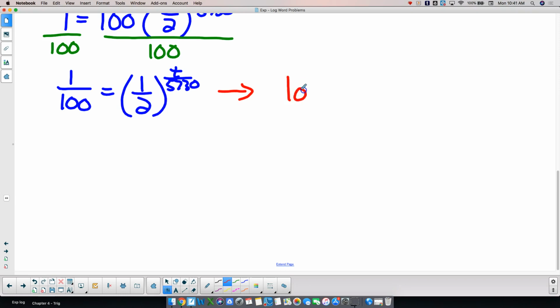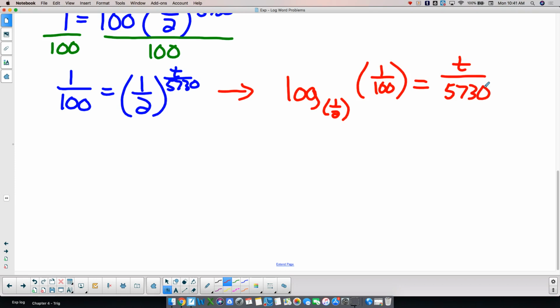Log base 1/2 of 1 over 100 is equal to T over 5730. So we could figure out what log base 1/2 of 1 over 100 is.